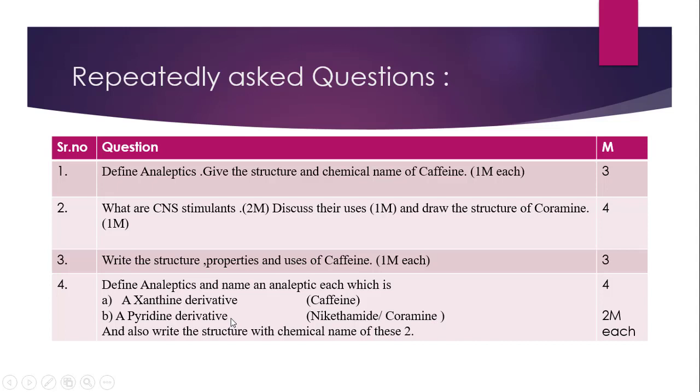So it is the same answer you are supposed to write. Then you are also supposed to write the structure with the chemical names. Writing the structure of caffeine carries 1 mark, and writing the chemical name carries 1 mark. Drawing the structure of nicotinamide carries 1 mark, and the chemical name carries 1 mark. So this question carries 2 marks each, and the total is 4 marks.